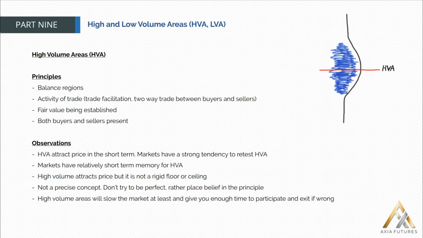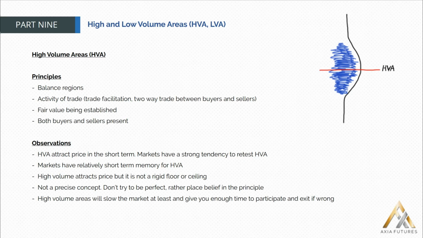And lastly, high volume areas will slow the market at least and give you enough time to participate and exit if wrong. So what do I mean by that? It's very simple. When a market does tend to come back to a previous high value area, it does tend to slow trade up a little bit.